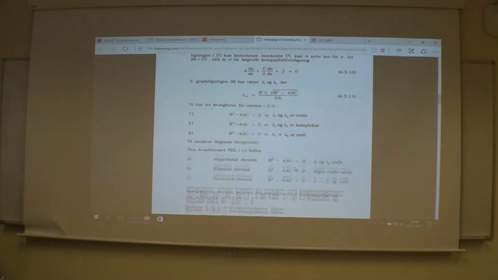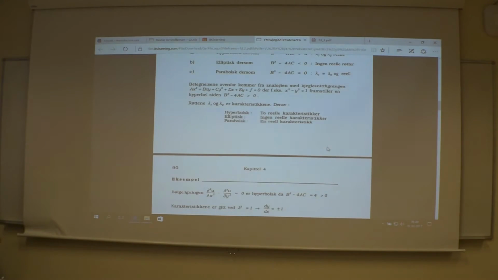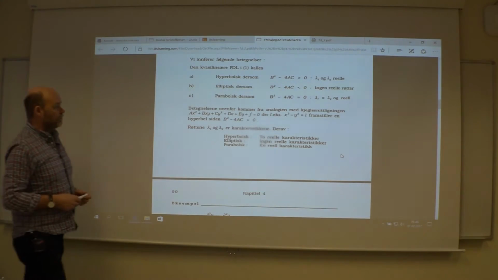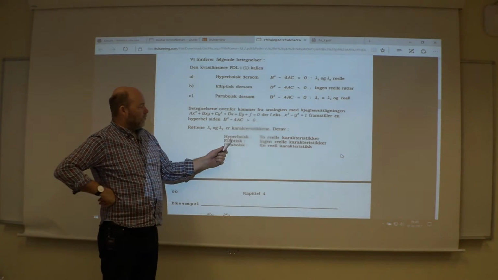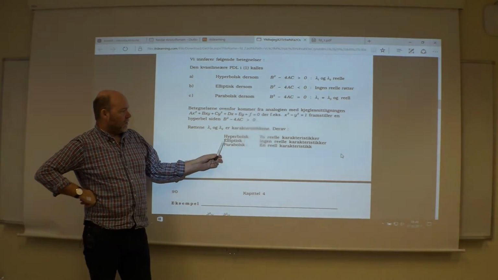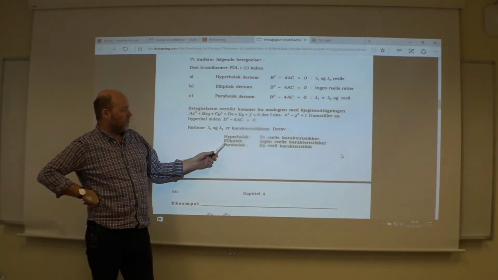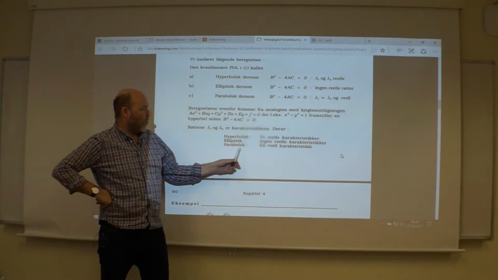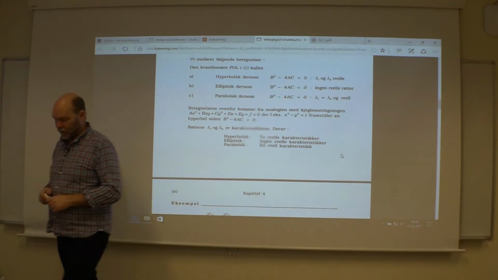But here, to say it briefly, for a hyperbolic system, you have two real characteristics. Elliptic, you don't have any real characteristics, just imaginary. Parabolic, you have one real characteristic.